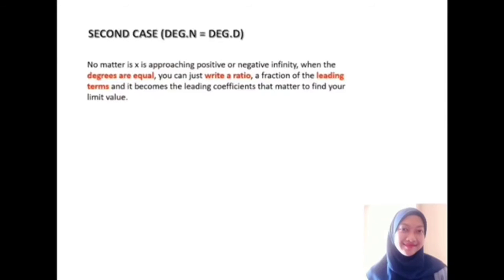We only care about the ratio of those leading constants, those leading numbers out front. So as a rule, as a shortcut, no matter whether x is approaching positive or negative infinity, when the degrees are equal, you can just write a ratio, a fraction of the leading terms, and it becomes the leading coefficients that matter to find your limit value.